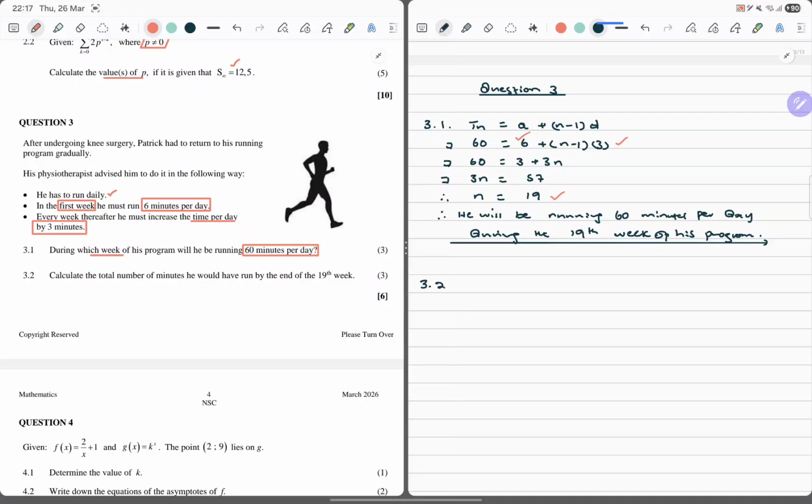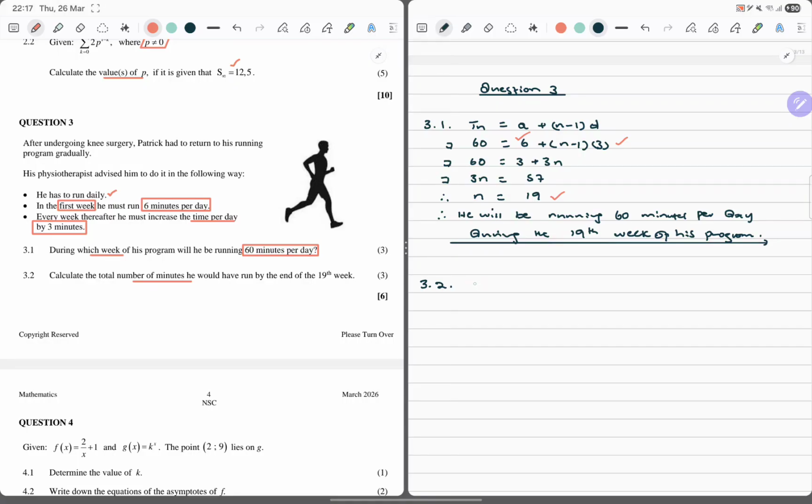So 3.2 says calculate the total number of minutes he would have run by the end of the 19th week. Okay. Now what does this say? Calculate the total number of minutes he would have run by the end of the 19th week. So now this one is a bit silly. Let's see.